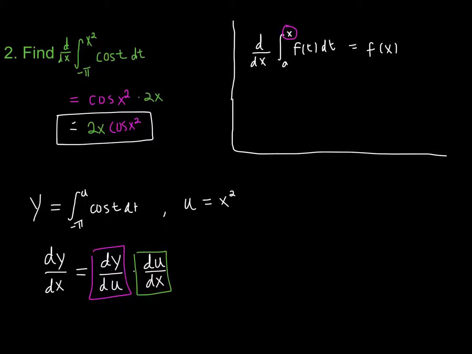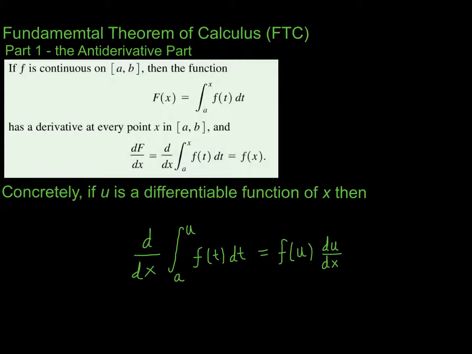Okay, so at this point, quickly peel back to where you wrote down the fundamental theorem of calculus. I told you to save some space, and this is why. The chain rule, of course, is something that's often forgotten, and so we want to make sure that we write this down very concretely. If u is a differentiable function of x, then our derivative f prime of x is going to be the derivative with respect to x of our integral from a to u, so we saw when u was x squared.